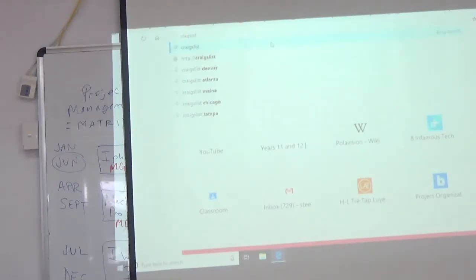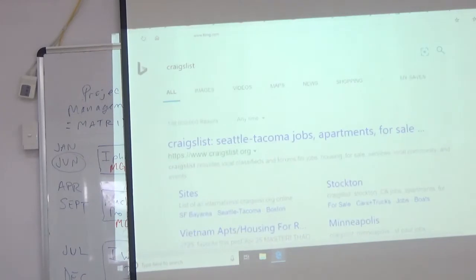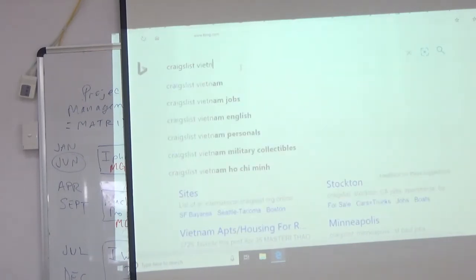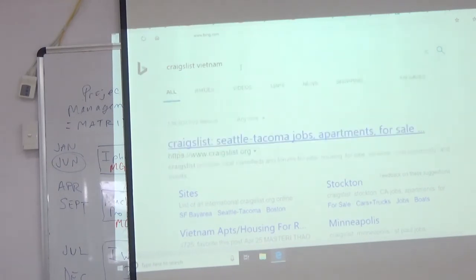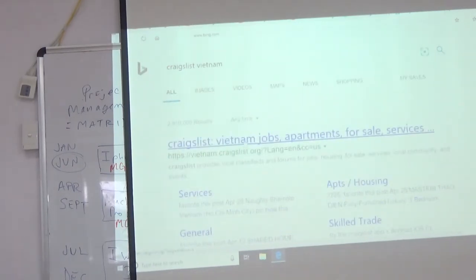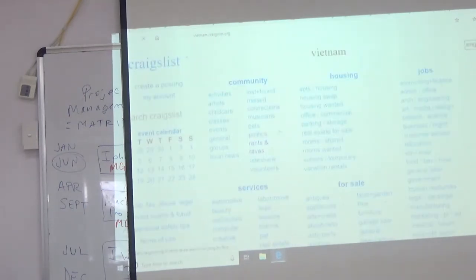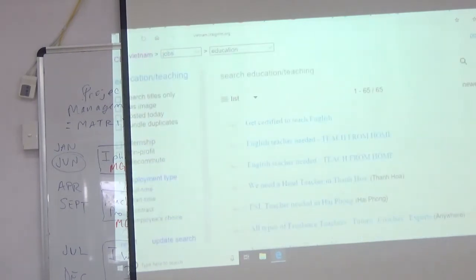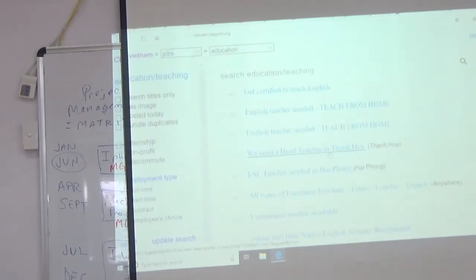So some of it is not that expensive to do. So here's Vietnam Craigslist. And it says jobs, apartments, community, housing, jobs, education, teacher needed, teach from home.